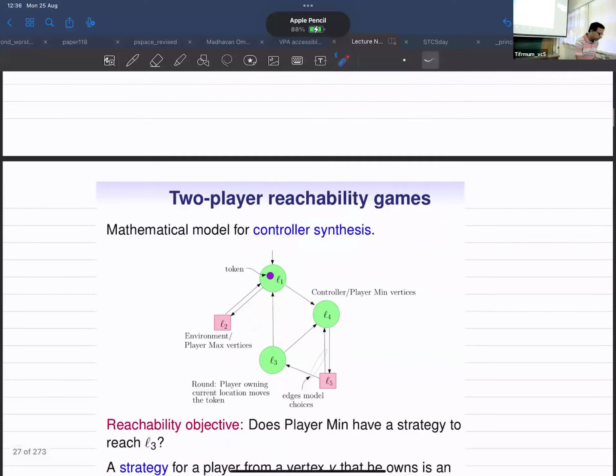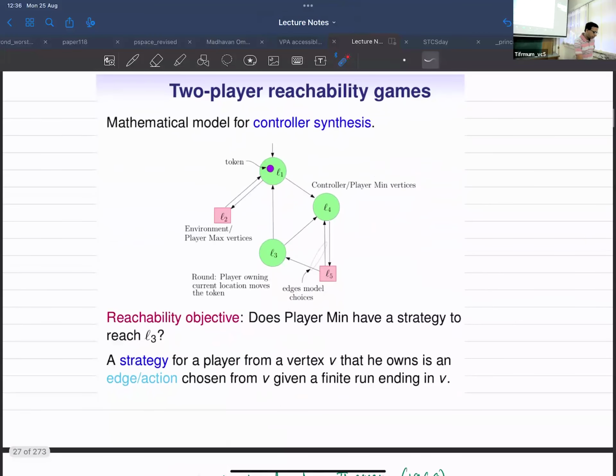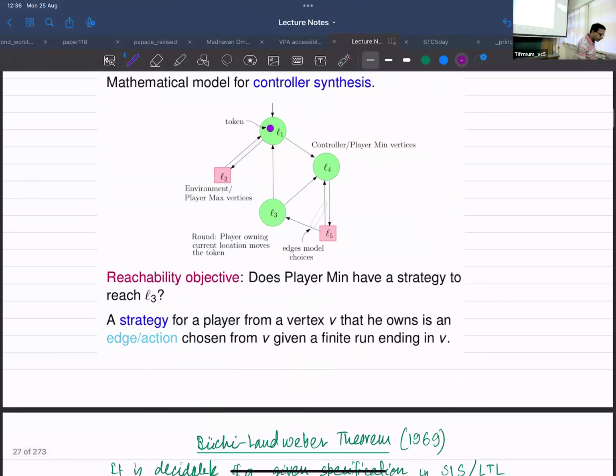So, I think I said a strategy for a player from a vertex V that he or she owns is an edge or an action that is chosen from V given a finite run ending in V. So a strategy for player circle or player system is essentially a function sigma, given a finite history.